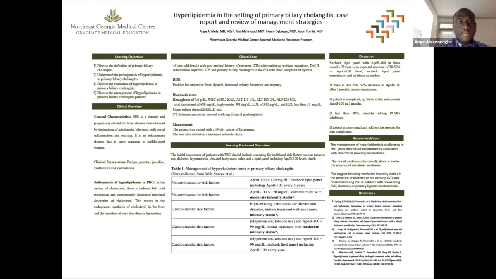If there was not much of a decrease in that level, it is recommended to titrate the statin therapy up for those patients. Whenever there was less than a 30% decrease in the ApoB100 level after 3 months, it is recommended to assess for compliance and to titrate the statin therapy up as well.